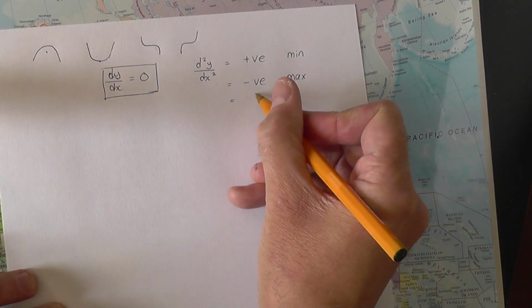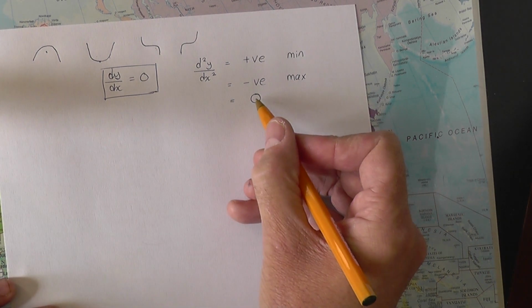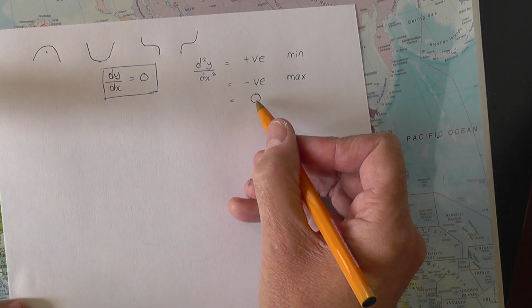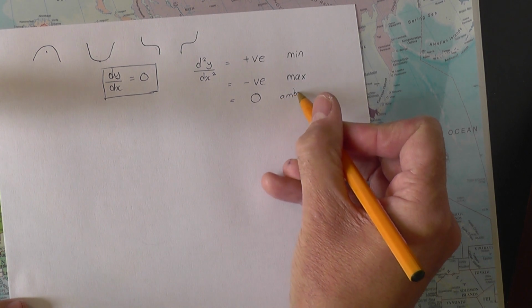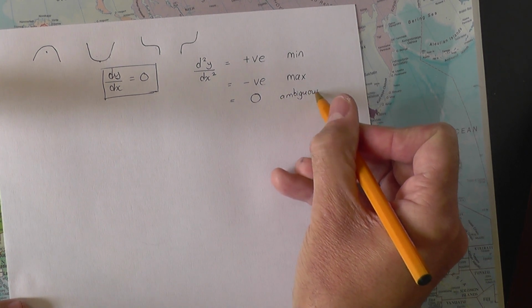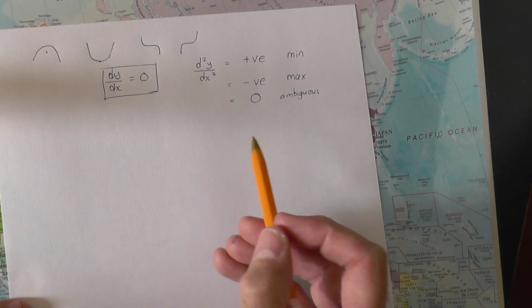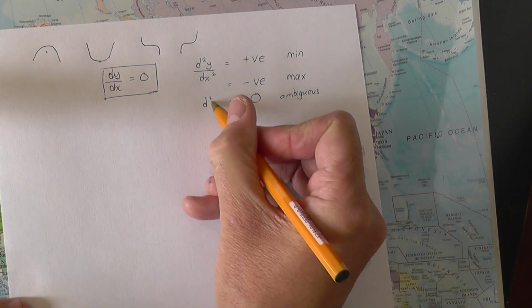But I showed you in the last video, sometimes you might find that it's equal to naught, and when it's equal to naught, not anymore is it the case it's automatically a point of inflection. I showed you in a previous video that this is an ambiguous case, and it could be either a local max, a local min, or a point of inflection. So if it's going to be a point of inflection, it must be true that d2y by dx squared equals naught.